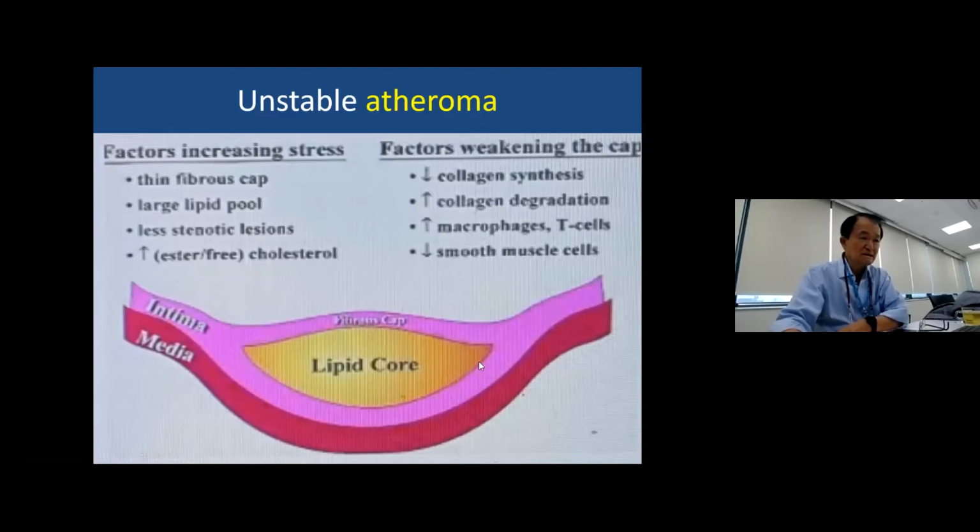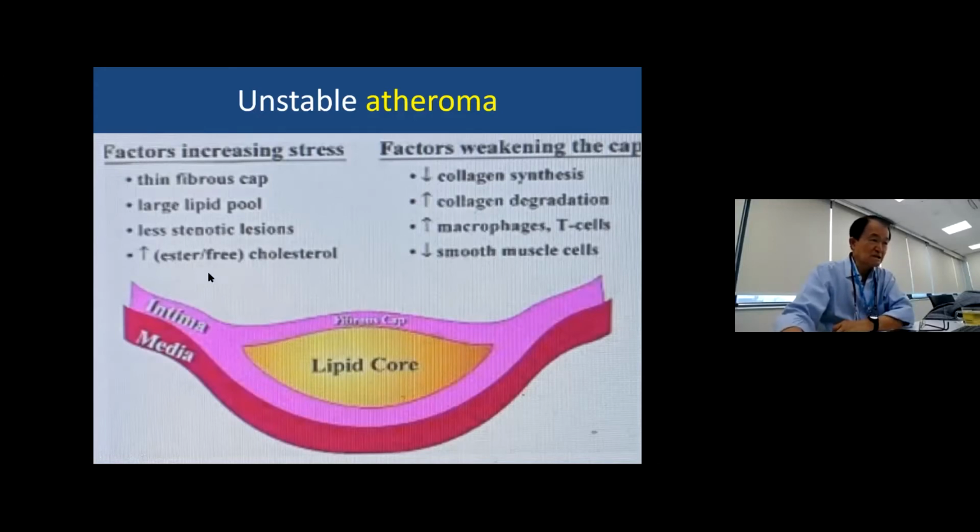If the atheroma has less collagen synthesis or increasing degradation of collagen, or an increase in immune cells or decrease in smooth muscle, or this capsule is thin, or a large lipid pool, or a less stenotic lesion, then there's a higher chance for rupture.